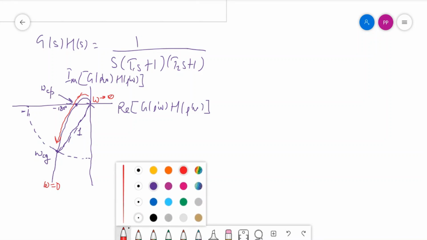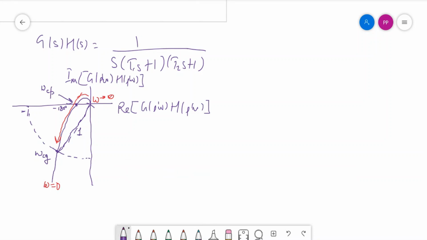I have the time axis over here. This is the time axis, and this is the gain of the system in time domain. We can say that the system gain in time domain is the magnitude of g(t)h(t) in time domain.